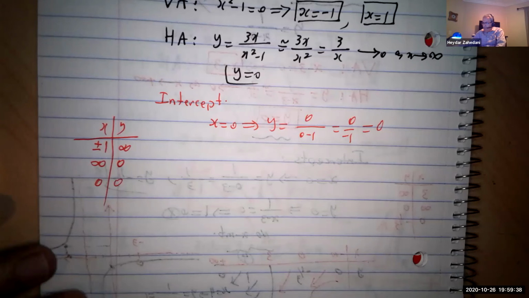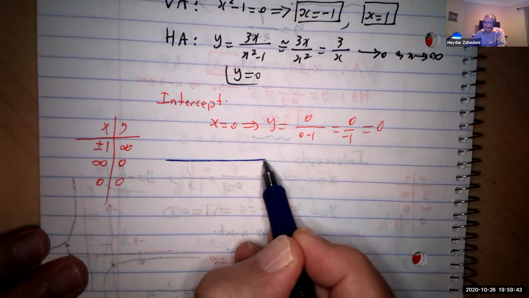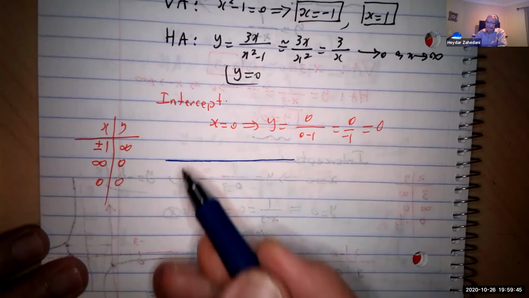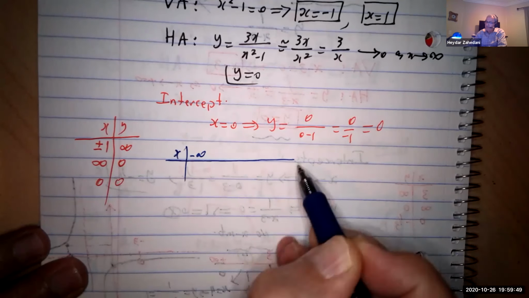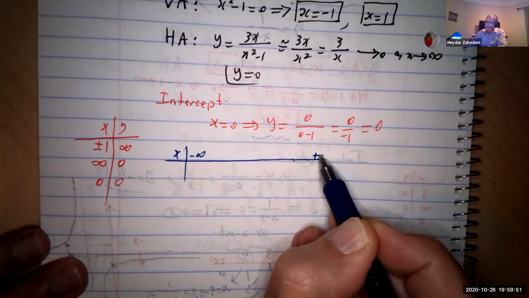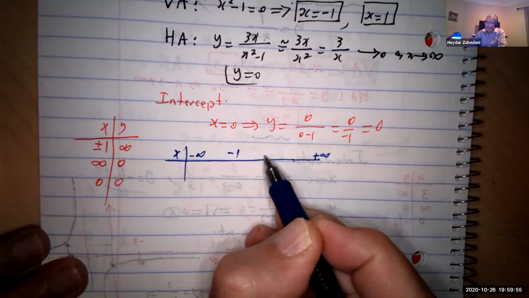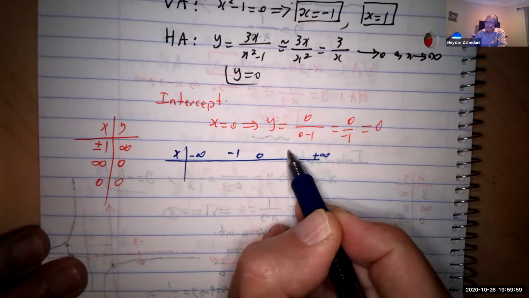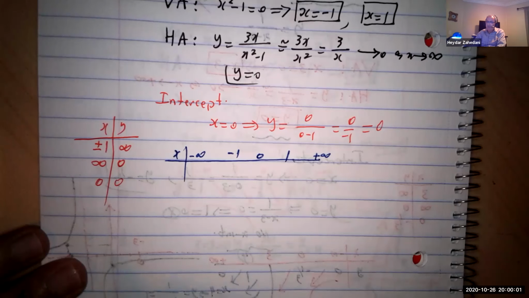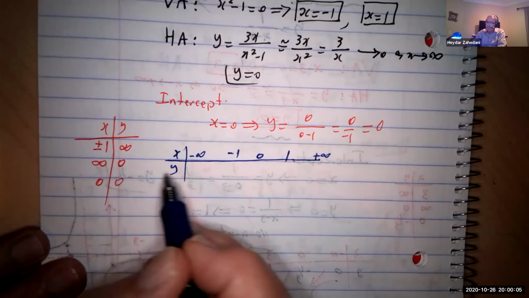Let's see. You see, this is going to be your preview. So we have x from -infinity to +infinity, and the numbers for x are -1, 0, and +1. For the y, when x is infinity, y is 0.